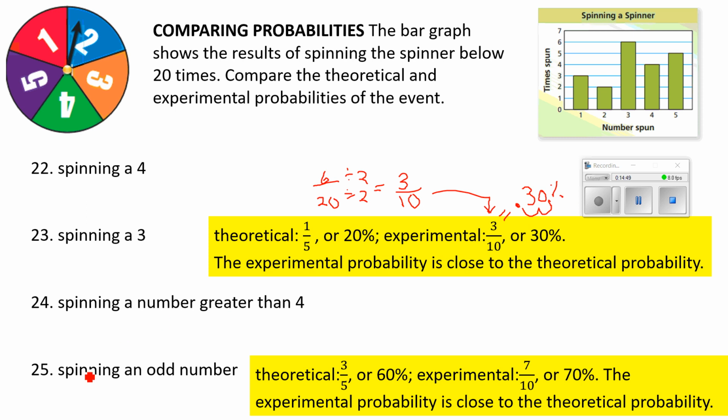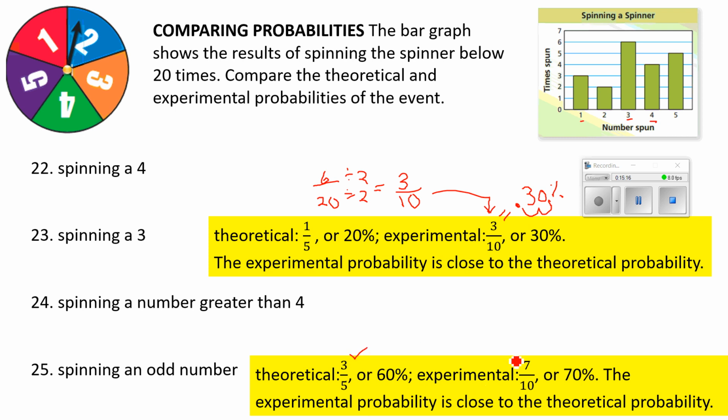All right, for number 25, spinning an odd number. The odd numbers are 1, 3, and 5. So that's going to be 3 plus 6, that's 9, plus 5. 9 plus 5 is 14. So again, theoretically, odd numbers, that's 3 numbers out of 5, right? There's 1, 2, 3 numbers out of 5. That's where they got the theoretical from.